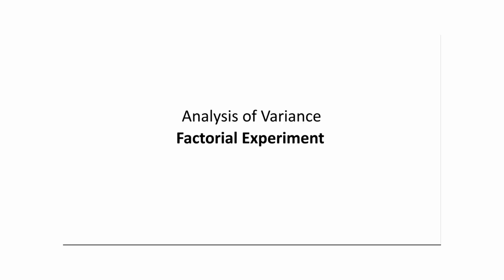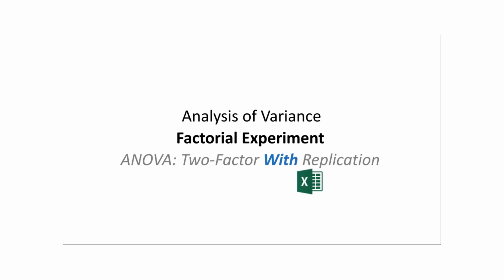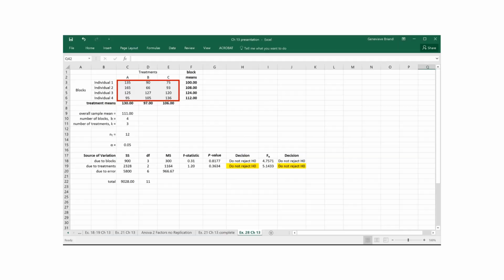Last section, we now look at analysis of variance for factorial experiments or two-factor analysis of variance with replication. For that, we're going to work with exercise 28 from chapter 13 of our text. For now, what I've done is taken our template from our previous exercise and replaced the data with that from exercise 28.